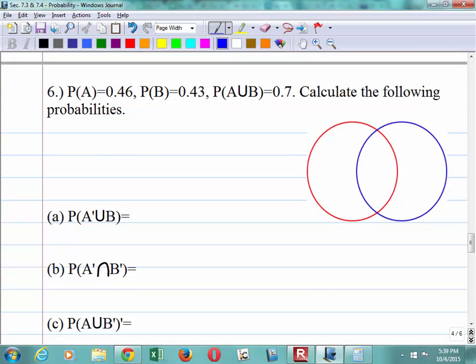Alright, so let's do a probability Venn diagram.